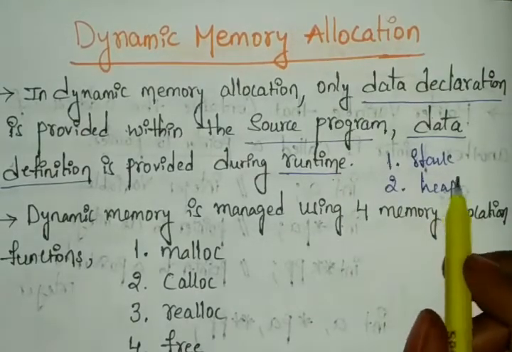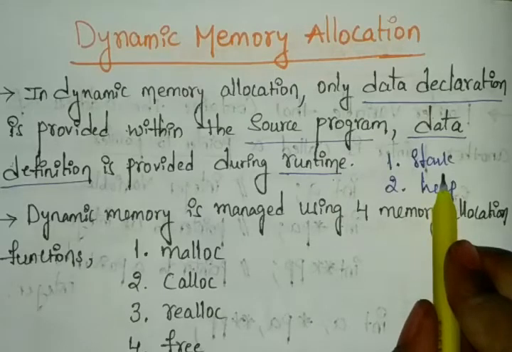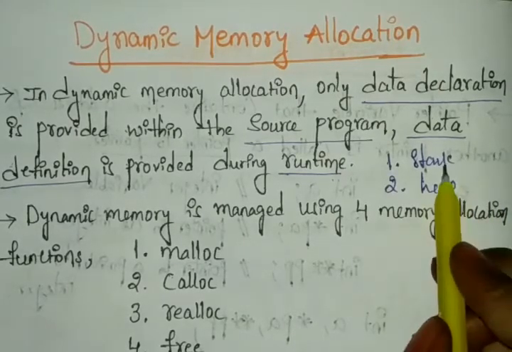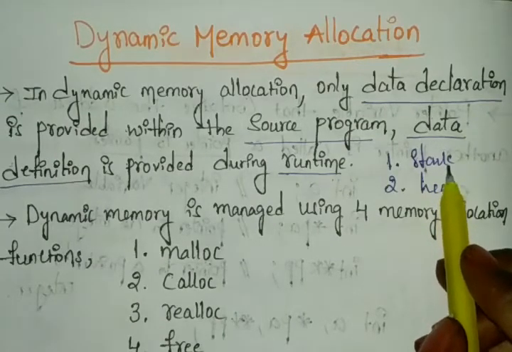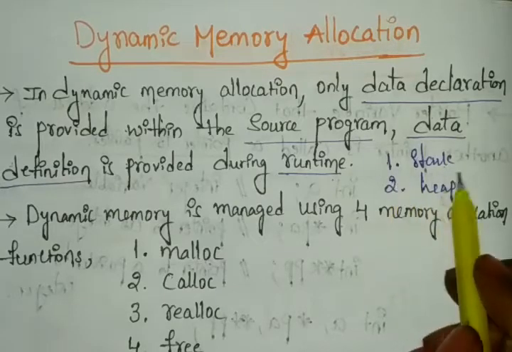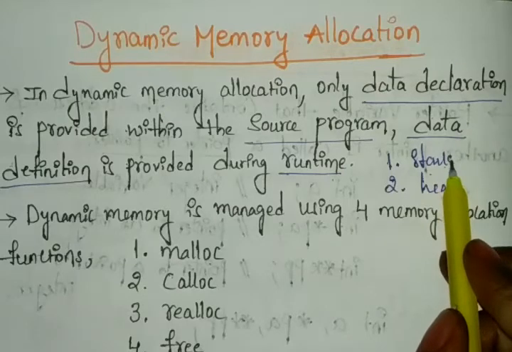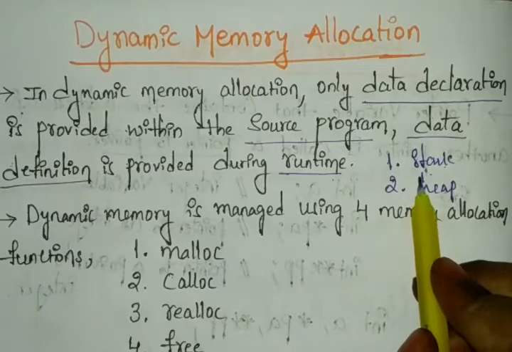The stack is nothing but the variables declared inside a function. If you have any variables to declare in the program, they are declared inside the function, meaning inside the main function, and they take memory in the stack manner.